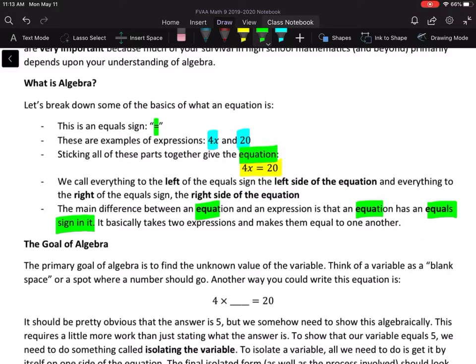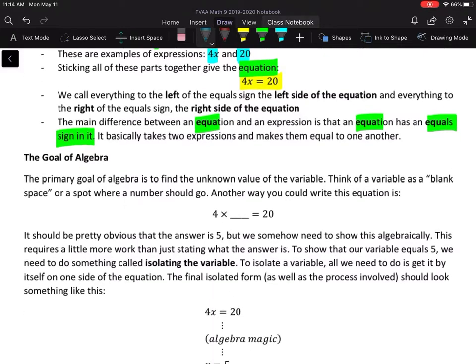It basically takes two expressions and makes them equal to each other. By doing so, it allows us to solve for the precise value of the unknown variable in our expressions. So the primary goal of algebra is to find the unknown value of a variable. Think of a variable as a blank space, or a spot where a number should go.